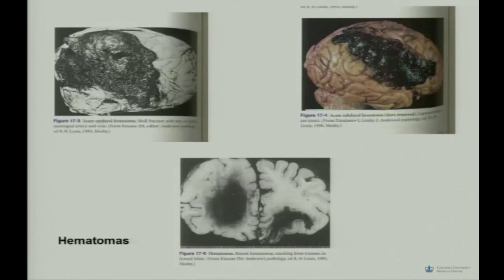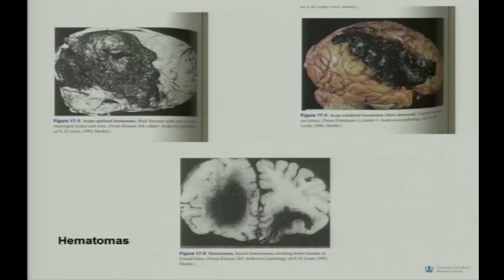Okay, so let's talk about these traumatic vascular injuries, because they often happen along with these traumatic head injuries. Now, hematoma just refers to bleeding within the brain. Okay? And bleeding within the brain happens as a result of traumatic injury to blood vessels. The categorization of hematomas simply refers to the area within the cranium and within the brain that the bleeding occurs.